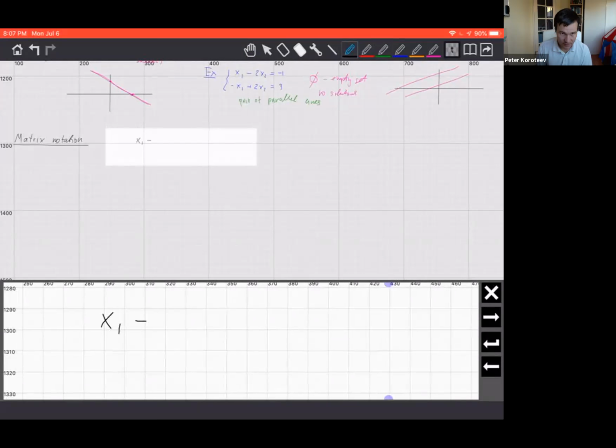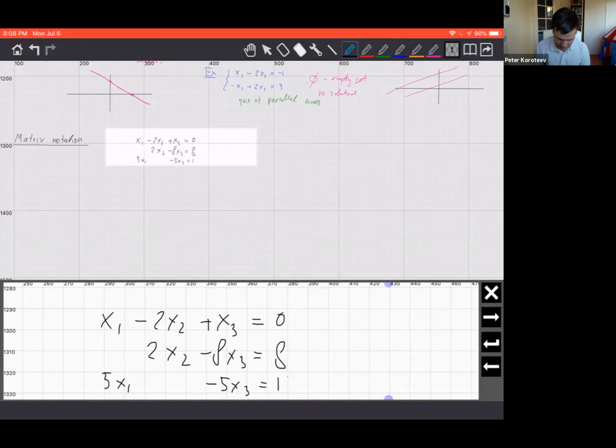Say x1 minus 2x2 plus x3 is equal to 0. Then 2x2 minus 8x3 is equal to 8. And 5x1 minus 5x3 is equal to 10. Right?